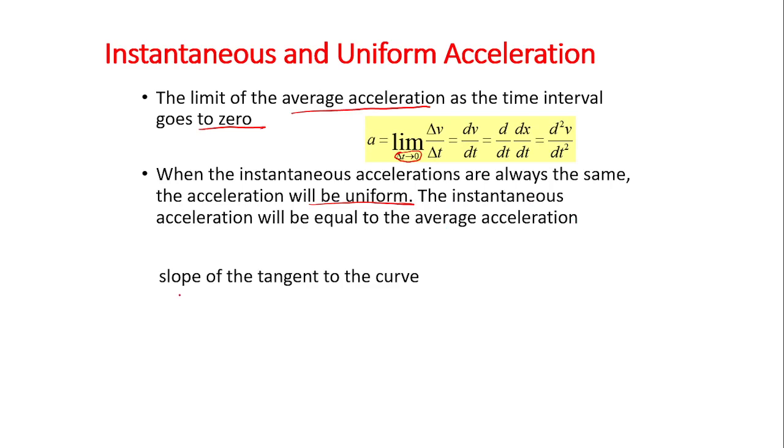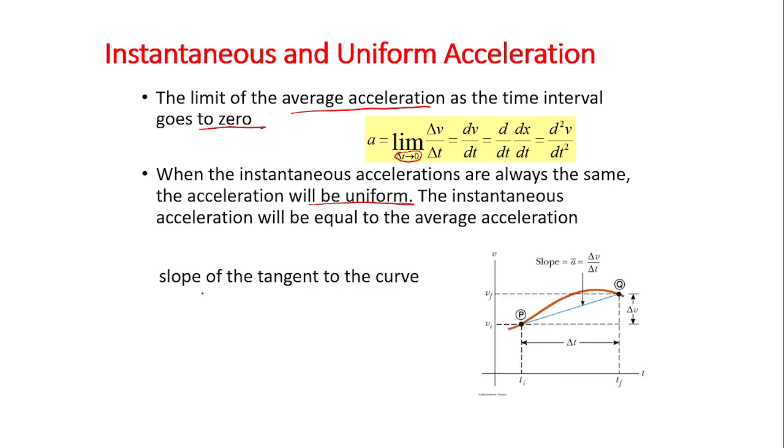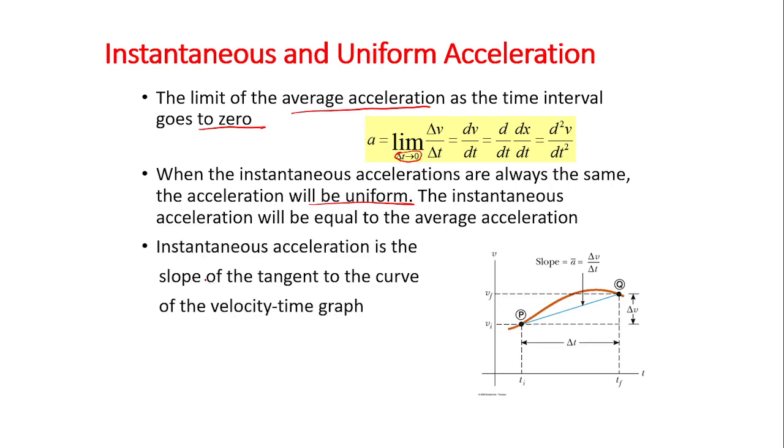So when you're looking for the value of the instantaneous acceleration, you normally consider the slope. You normally consider the what? The slope of the graph. Then instantaneous acceleration is the slope of the tangent.